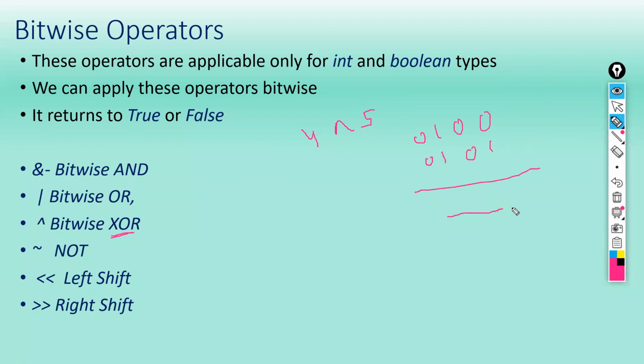So wherever there are 2 different inputs, the output will be 1. Here 0 and 1 are different, 1 and 0 different, 0 and 0 same inputs, 1 and 1 same inputs, 0. The output is 1 where they differ. This is how it happens.